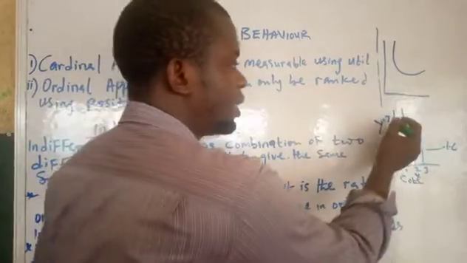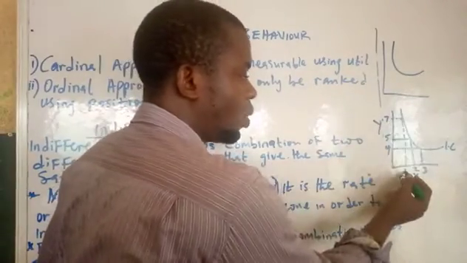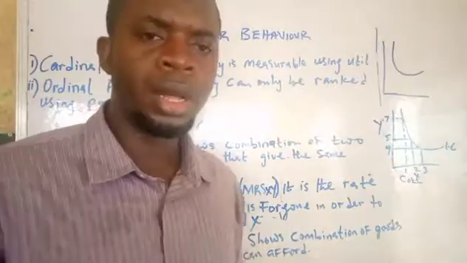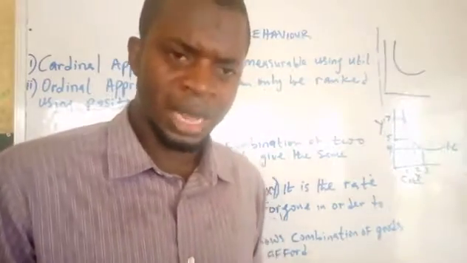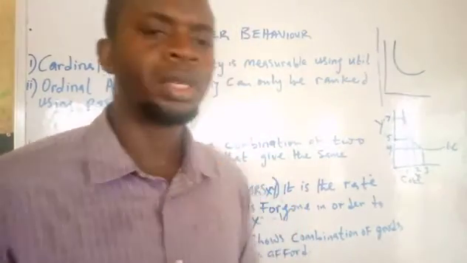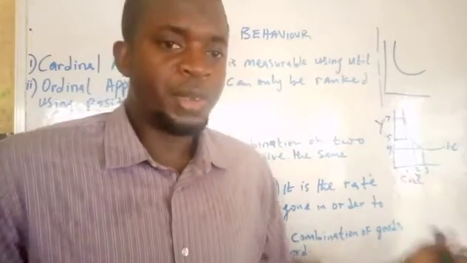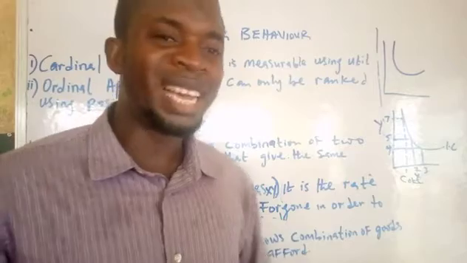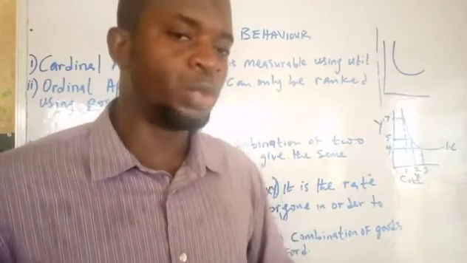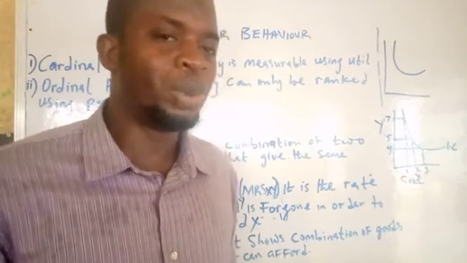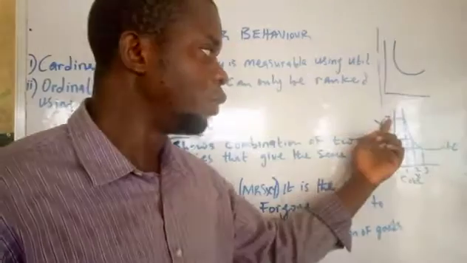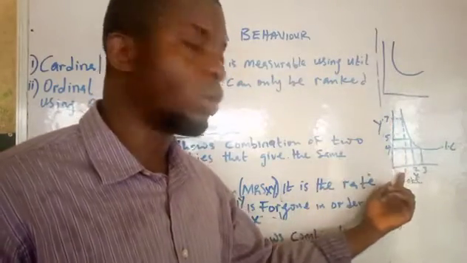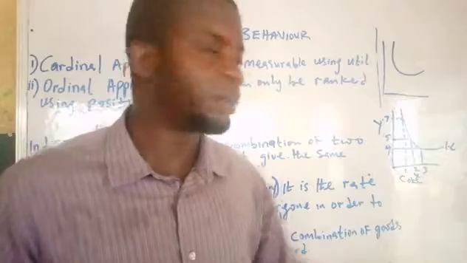So when you take 7 slices of bread and one bottle of Coke, you get a particular satisfaction from those two commodities. Maybe you don't feel heavier by taking this combination, but when you take more, you are going to feel heavier. You will not like the way your body is. But taking 7 slices of bread and 1 bottle of Coke, you feel all right.